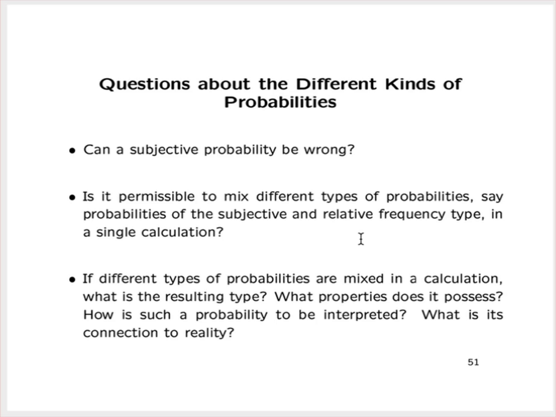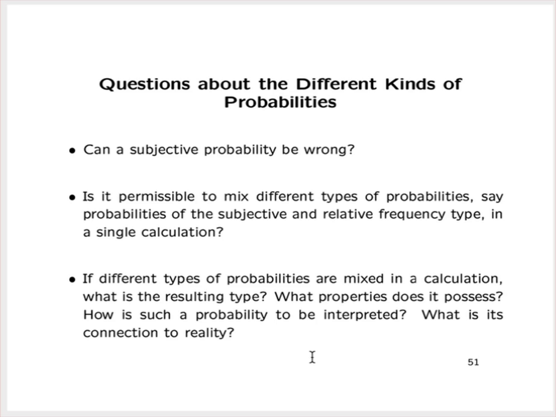If different types of probabilities are mixed in a calculation, then what is the resulting type? For example, if we combine a relative frequency probability and a subjective probability in some kind of calculation, maybe we add the two or take a ratio, then what is the resulting type?